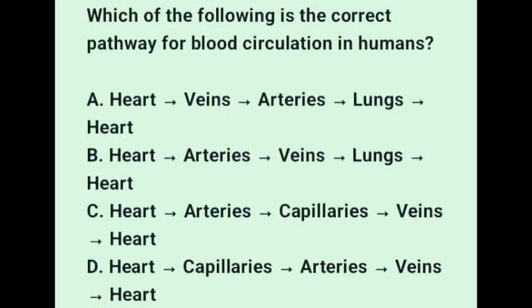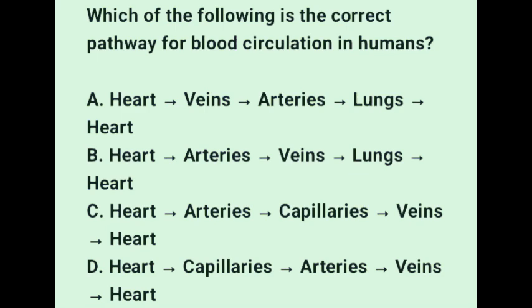Question 4 says, which of the following is the correct pathway for blood circulation in humans? A. Heart to veins, veins to arteries, arteries to lungs, and lungs to the heart. B. Heart to arteries, arteries to veins, veins to lungs, lungs to heart.